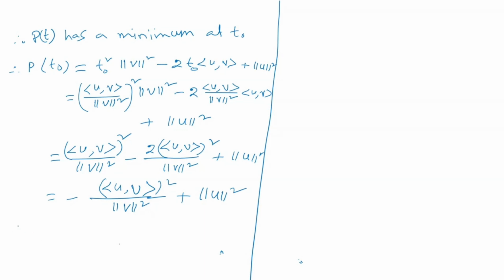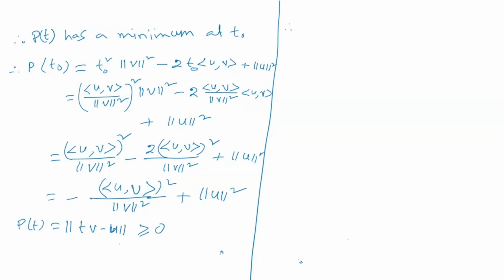Now P(t) is equal to the norm of tV minus U whole square, which is greater than or equal to 0.